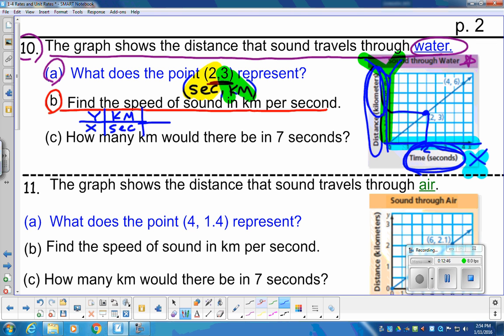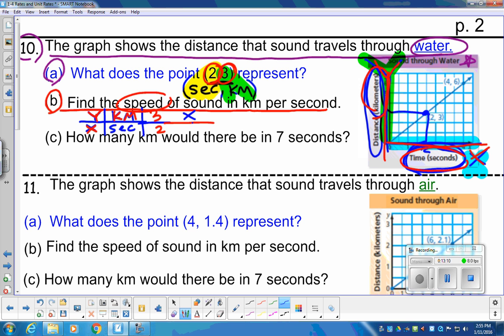As I look here, the kilometers are 3, the seconds are 2. Go ahead and organize it in your table. So we're going y over x. Kilometers was our y-axis and seconds was on the x-axis. We want to know how fast, or the speed, which is just a unit rate.